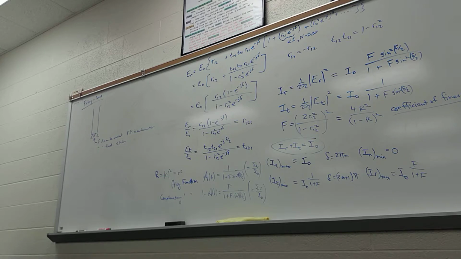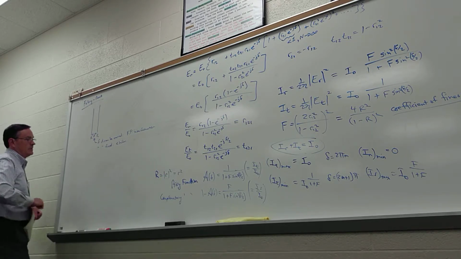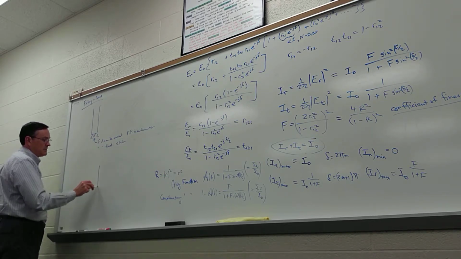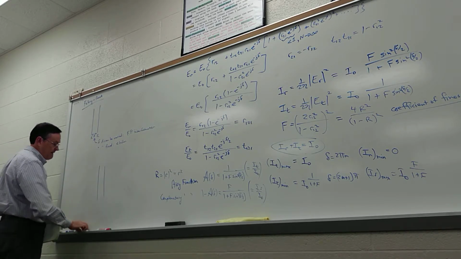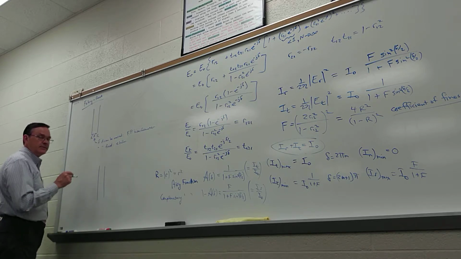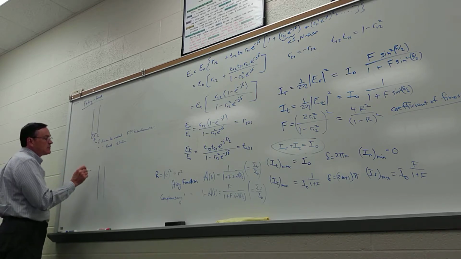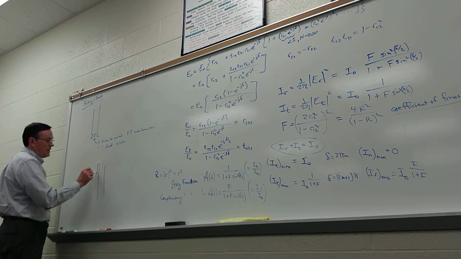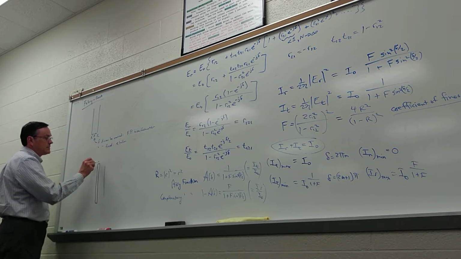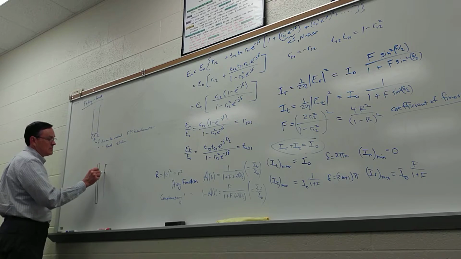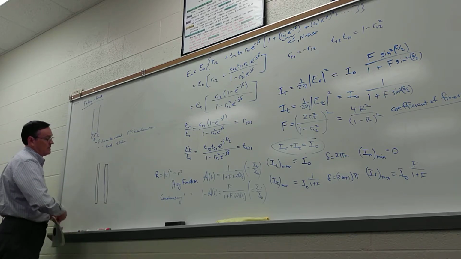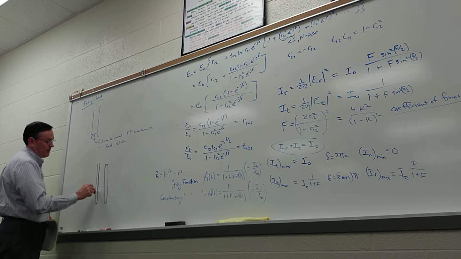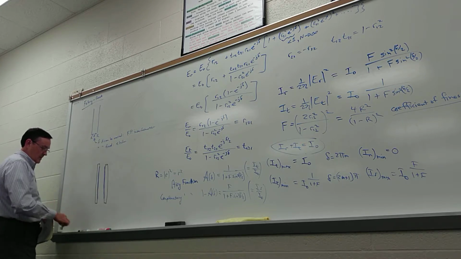Okay, so let's say that we have a Fabry-Perot here. These are our two reflective surfaces. And let's say that they're really thin aluminum on two pieces of glass. So this is our reflective surface on each piece of glass.